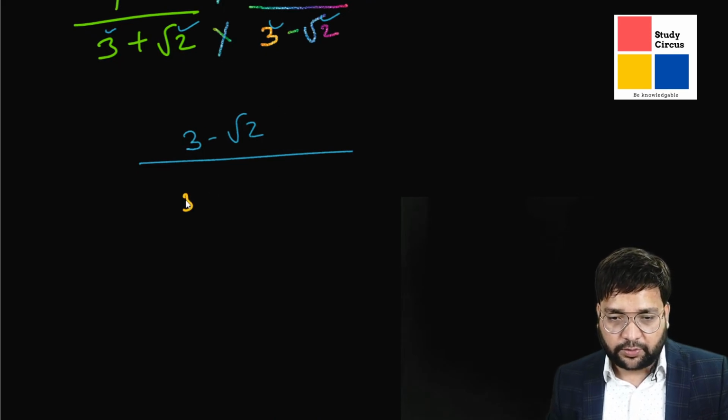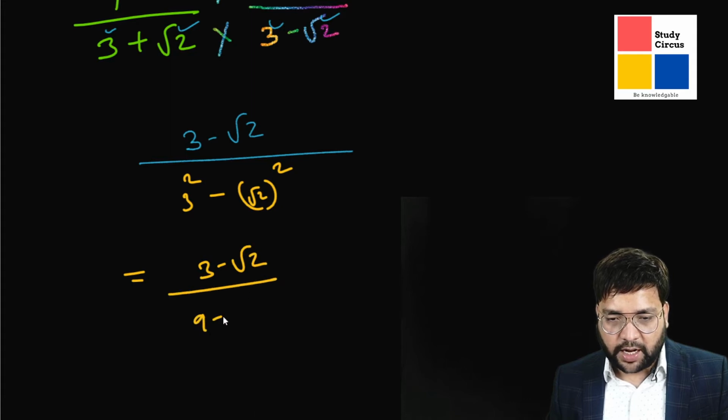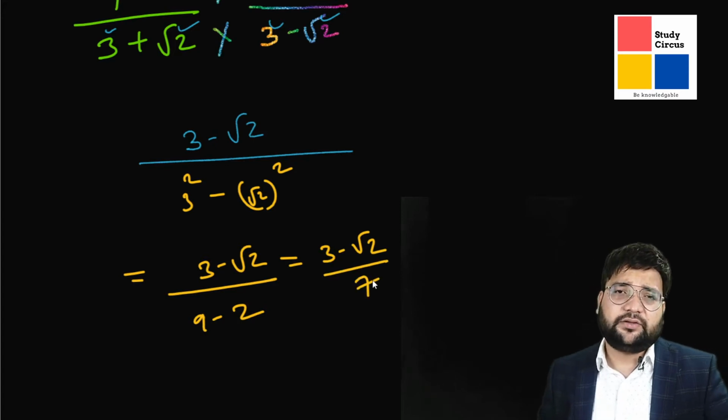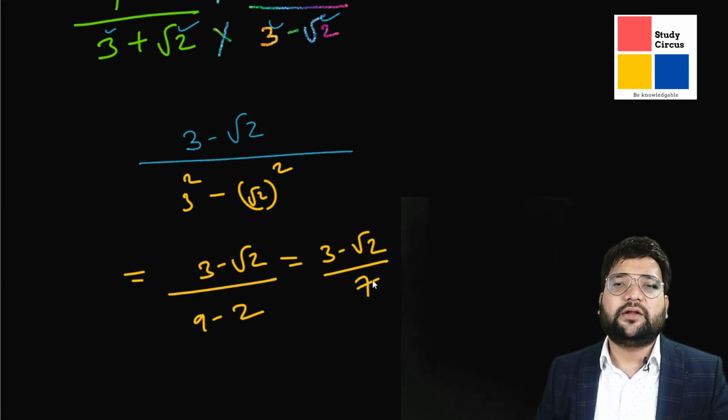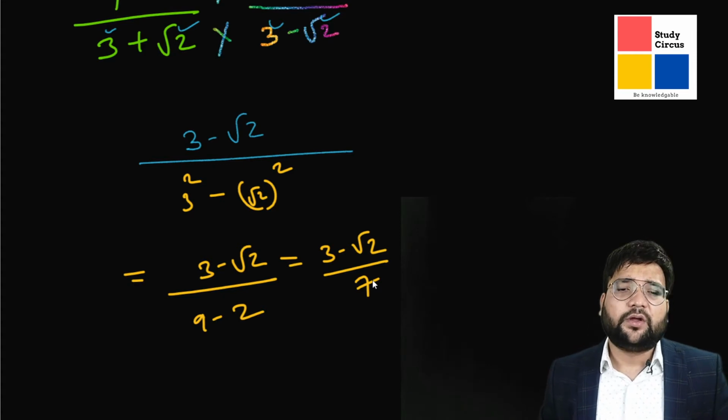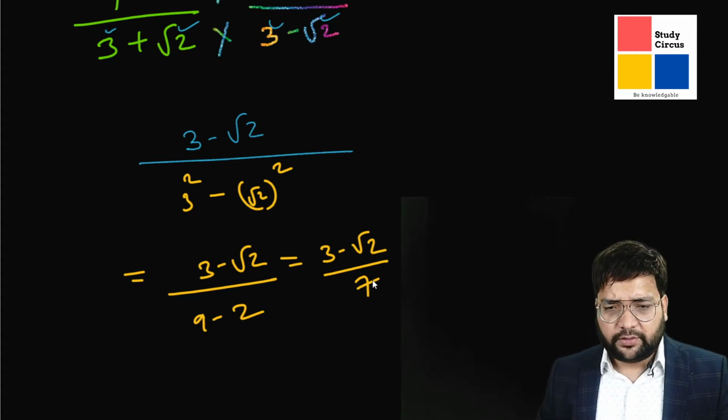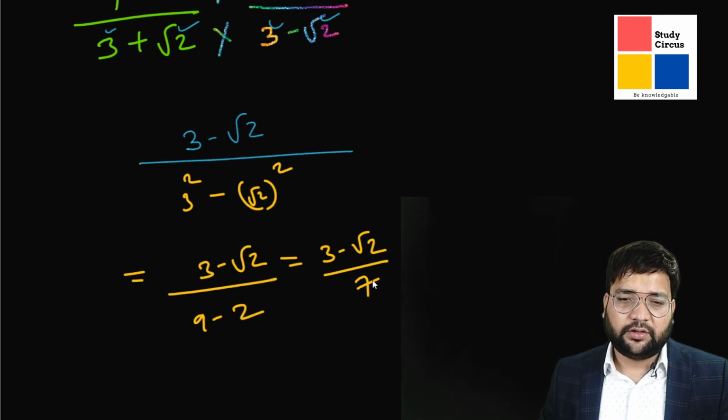This is going to be 3 square minus root 2 square, that is 3 minus root 2 upon 9 minus 2, that is 7. So 3 minus root 2 upon 7 is the rationalized form. That means the denominator is now a rational number. This is what I mean by rationalizing the denominator.